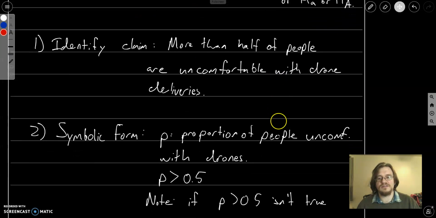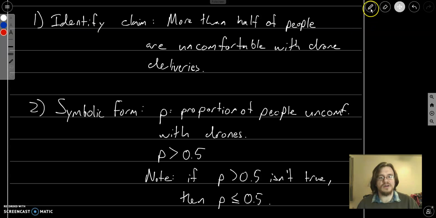So if we look back through our example, our claim in our example is that more than half of people are uncomfortable with drone deliveries. Okay, so we established this fact, but we can also write this using symbols in a more mathematical, more precise way. So if I say that P is going to be the proportion of people that are uncomfortable with drone deliveries, this is the claim written with more technical writing.